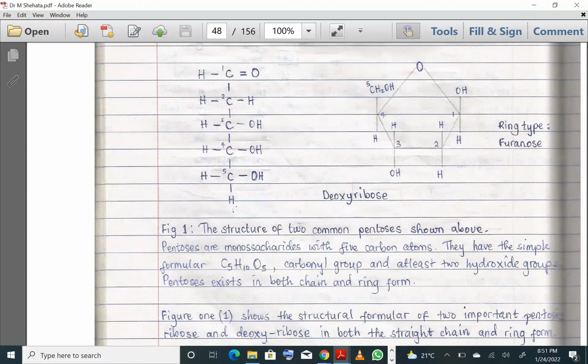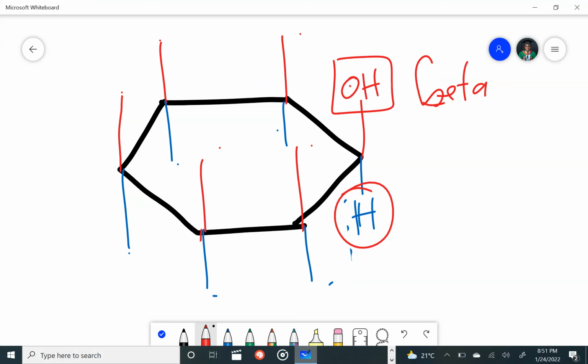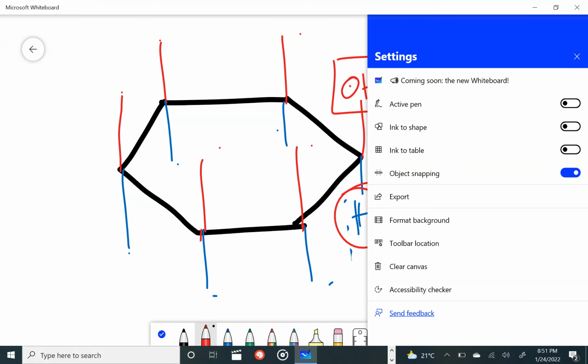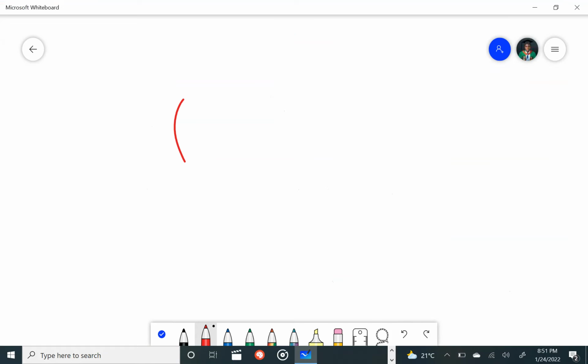They have the simple formula C5H10O5. Remember, we talked about the empirical formula for the monosaccharides, and I remember we mentioned something to say it's this, isn't it? Where N is the number of carbon atoms.